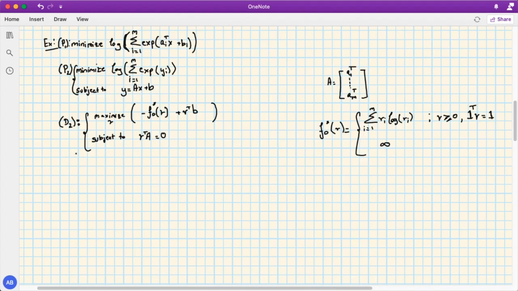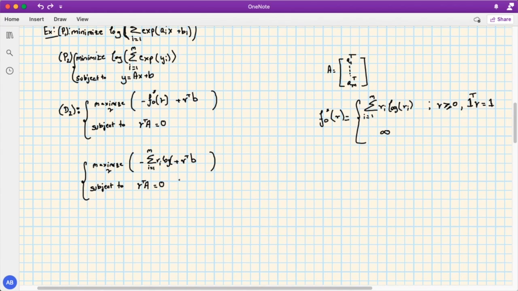So with that said, I have the sum over i going from 1 to m of nu i log nu i. Let me make some space over here, it's really annoying.